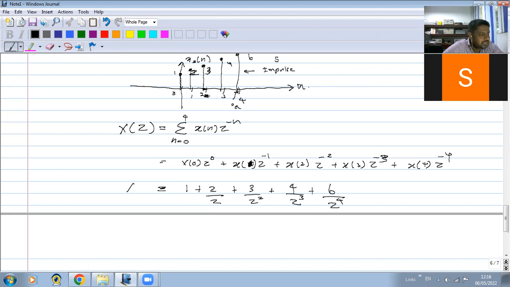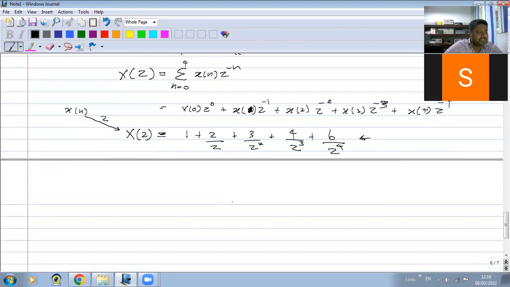So this is the X(z), our X(z). That means it is a transformed signal. We have converted our x[n] into this z domain. Now we have to find the ROC.